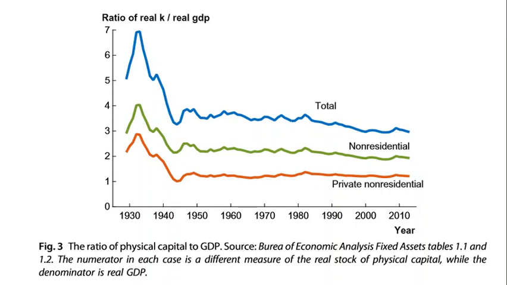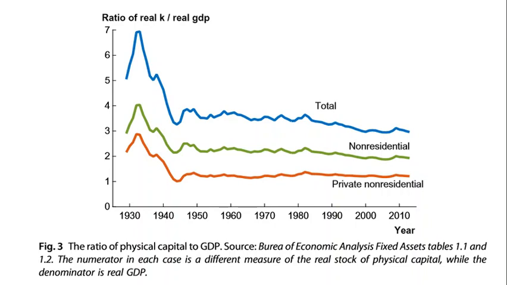So what the author is really getting at, if you look post World War II, right? If you look post World War II, the ratio of physical capital to output is fairly constant. I mean, we could probably say there's a slight decline in non-residential capital, but it's very slight.